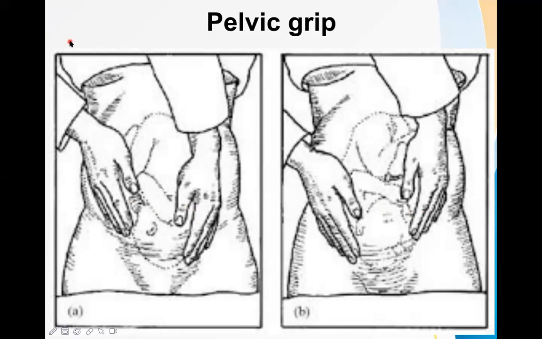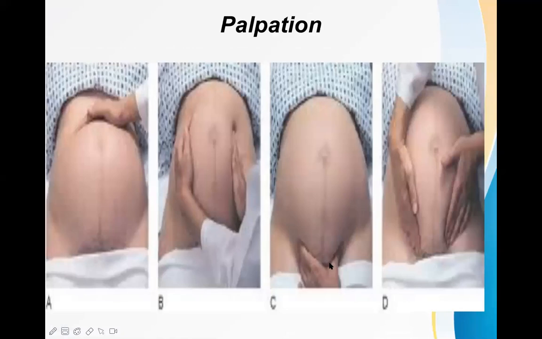There is another type of pelvic grip as well. You can clearly see here. I want you to focus on this picture now. See this type of pelvic grip. This exactly tells us whether the head is engaged or not, or whether the head is still above the pubic symphysis or not. And what is the presenting part, that information is also provided.